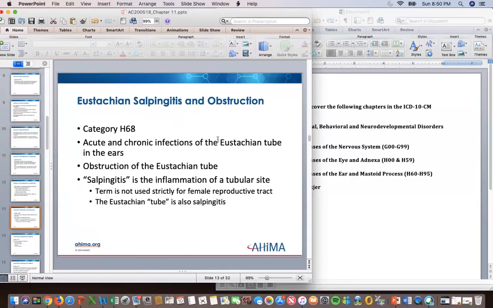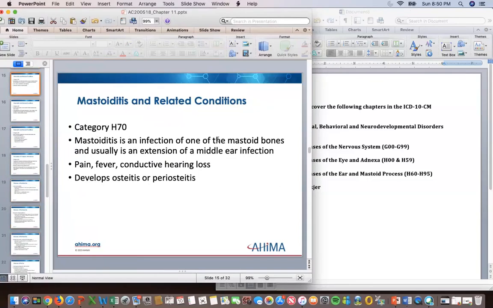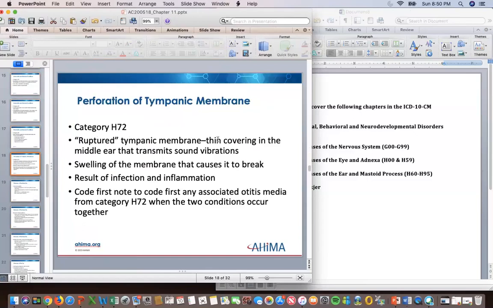If you have tubes, there are acute and chronic infections of the eustachian tube in the ear, and obstruction of that. Salpingitis is the inflammation of a tubular site. So if you don't know some of this terminology, you will learn some new things. Mastoiditis and related conditions are category H70, if you're following along in your coding manual.